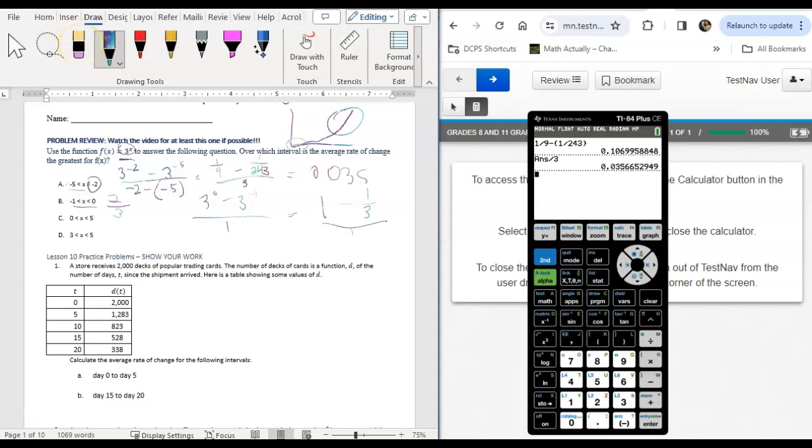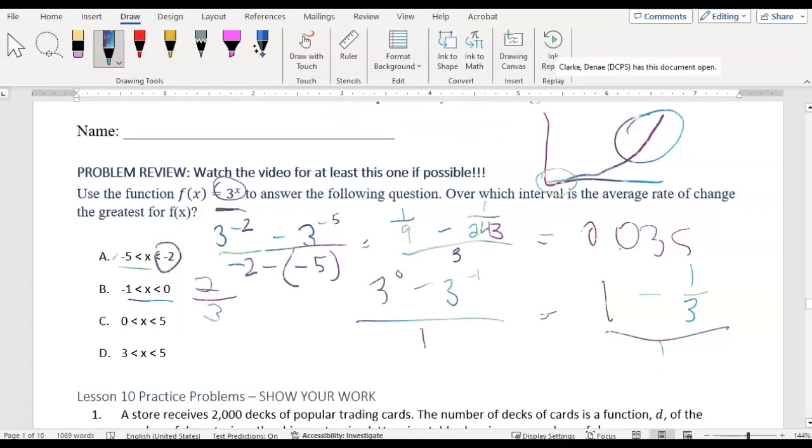Then if we take a look at the next group of values, this is looking over a larger interval of 0 to 5. If we calculate that, we will put in 3 to the fifth power minus 3 to the 0th power over 5 minus 0. And remember, we're placing the x in our y values.